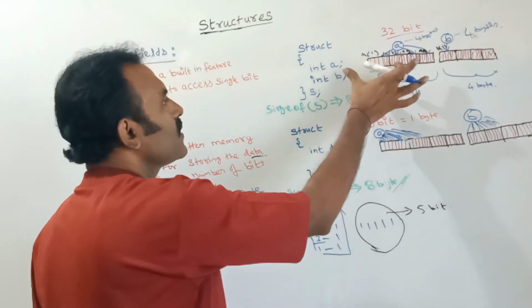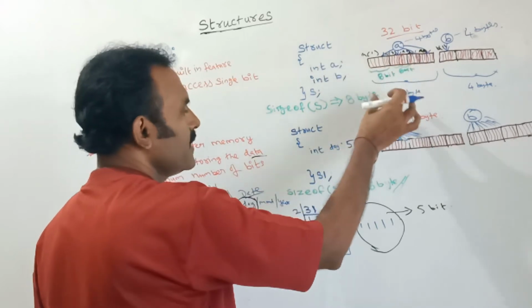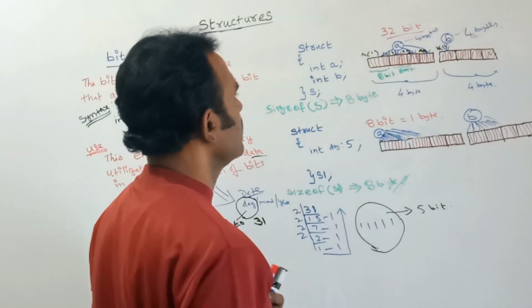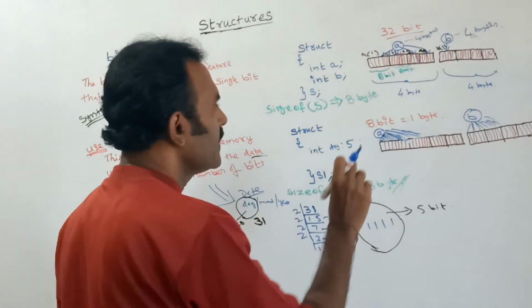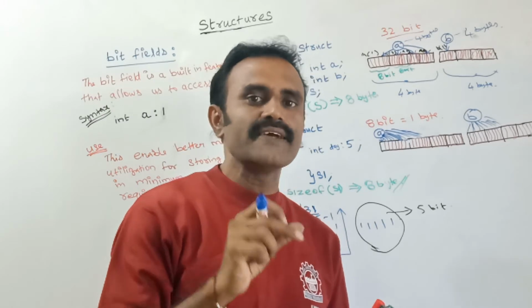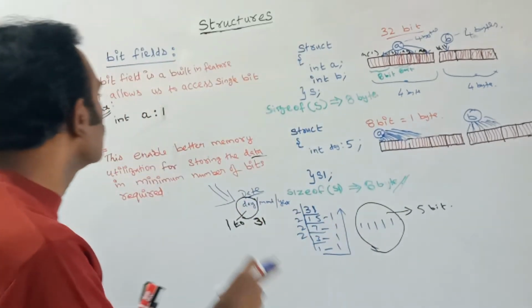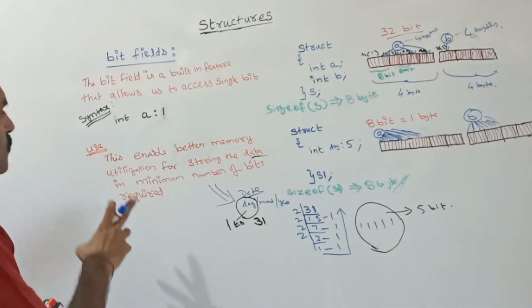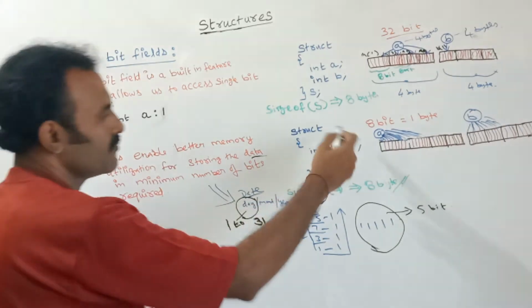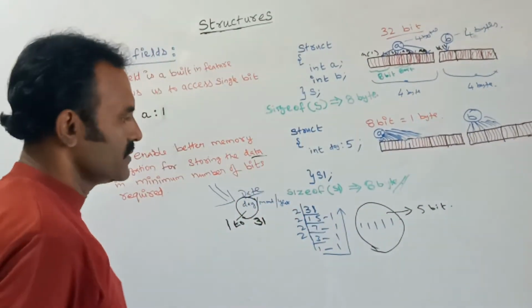But 32 bits were allocated for this day, so the remaining 27 bits were empty. So according to the data how much we need, if you want to allocate the memory at bit level, then we can go for this bit field. The minimum number of bits required here is 5 bits. In this way this bit field is used.